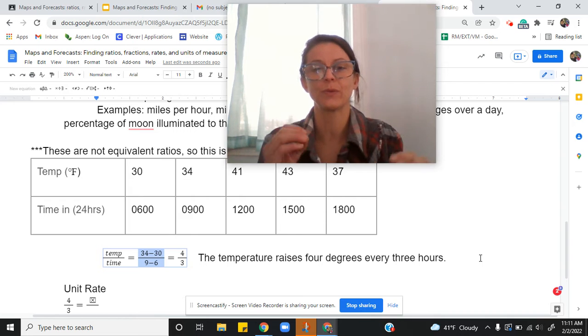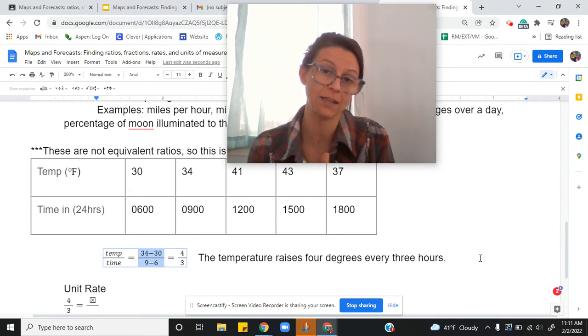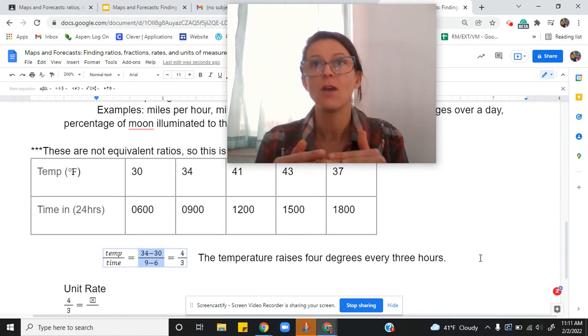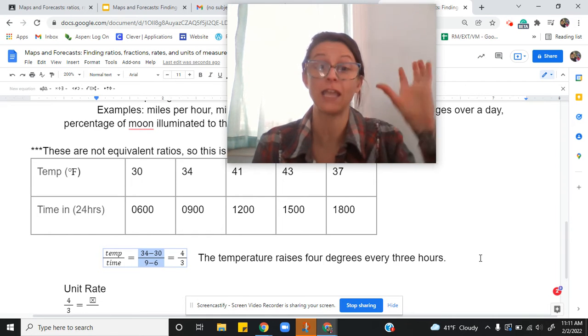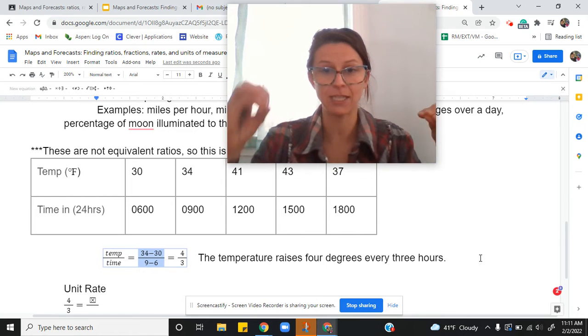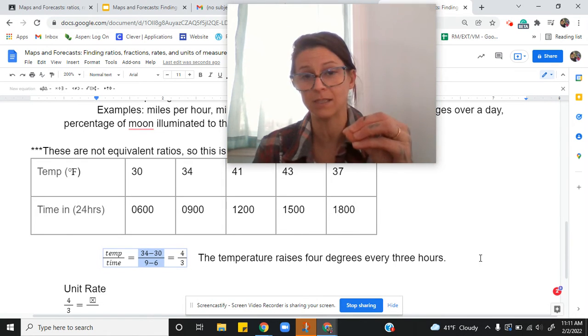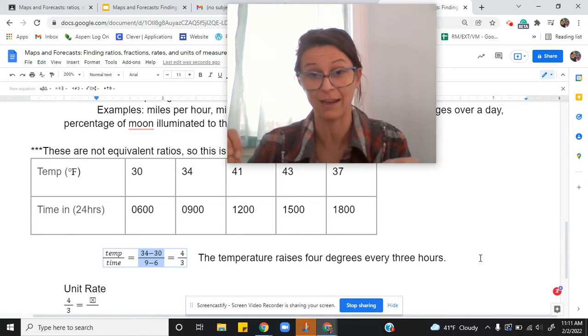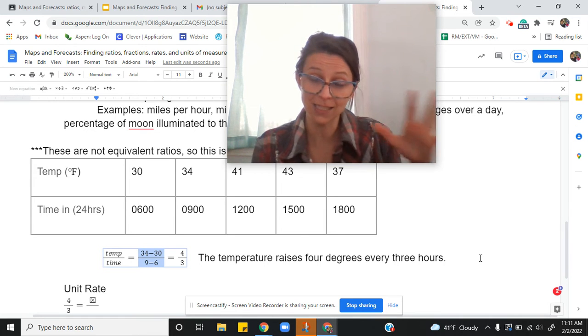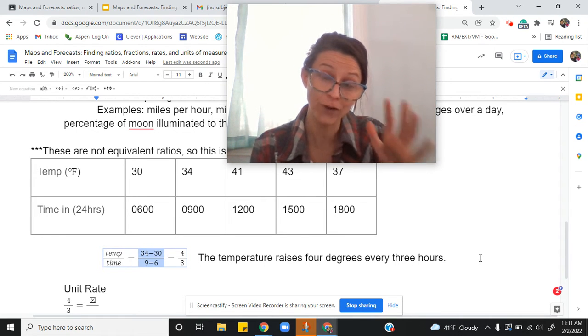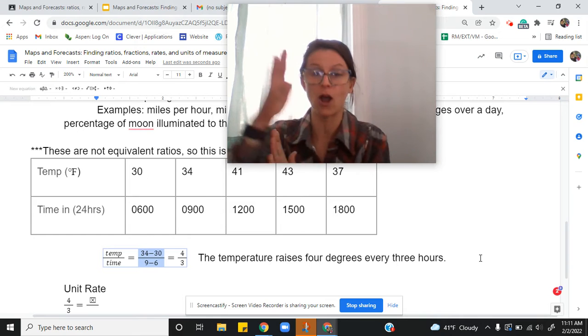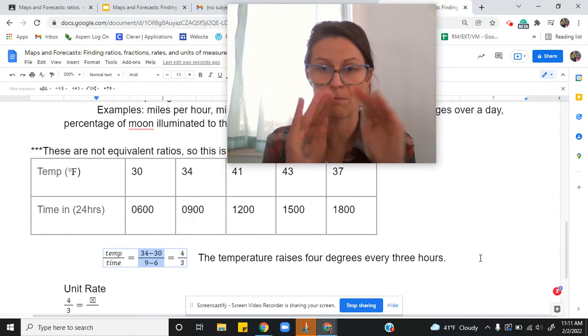Ratios are really dependent on order. Order matters, not like first and second, or better or worse, or a hierarchy, but if I say temp comes first, then I have to list the temperature first. If I say hours comes second, I have to list the hours second. If I'm putting 9 o'clock's temperature first, I need to put the 9 o'clock hour first. It can't be mixed and matched.